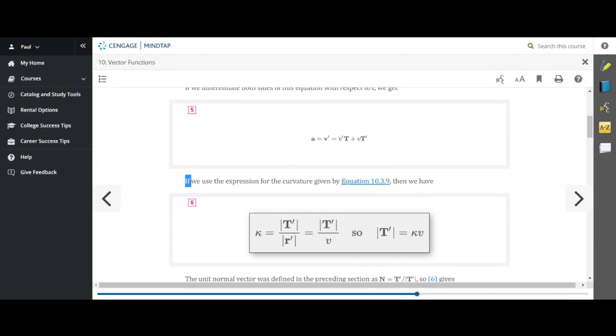And of course, that is just equal to the length of the derivative of the tangent vector divided by the speed, v. Let's just refer to that as the speed function. So that means then that the length of the derivative of that unit tangent vector is equal to the curvature kappa times the speed.